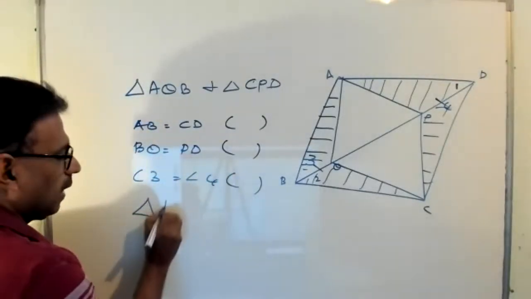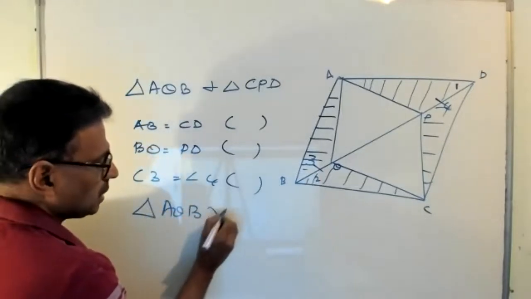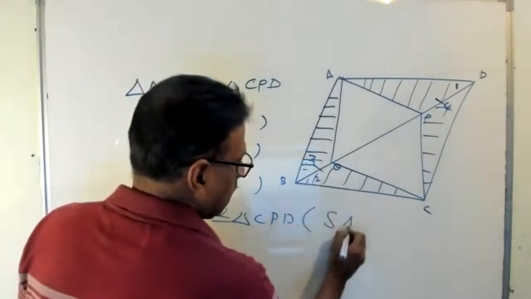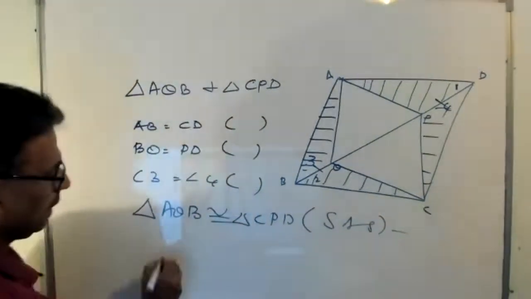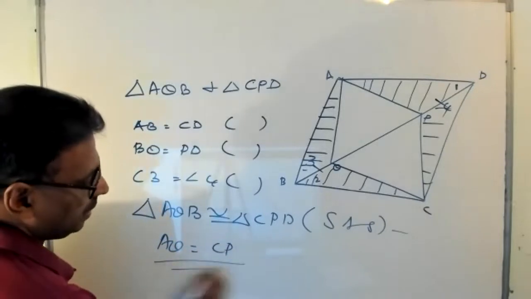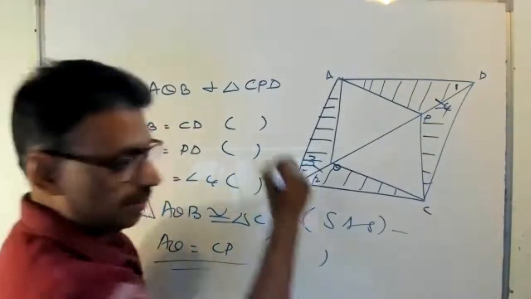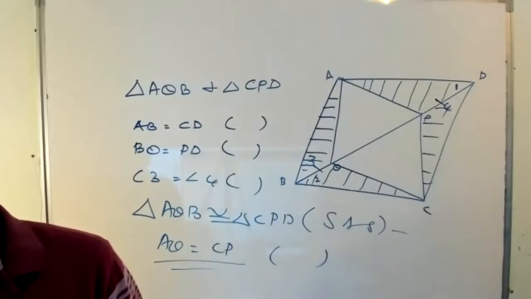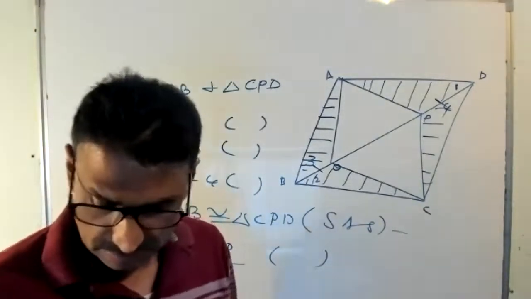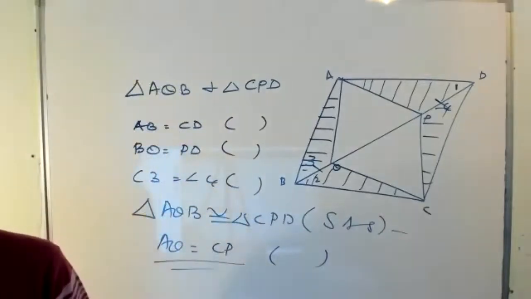Therefore, triangle AQB is congruent to triangle CPD, same like SAS congruency. Hence, AQ equal to CP, CPCT. Okay. Are you okay now? Clear now? Yes, sir. Okay, write fast. You can write yourself, right?